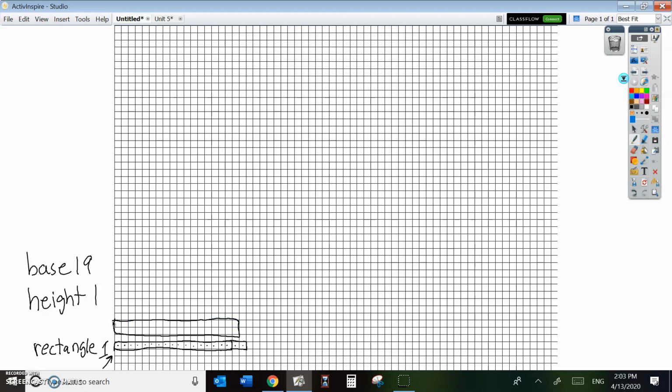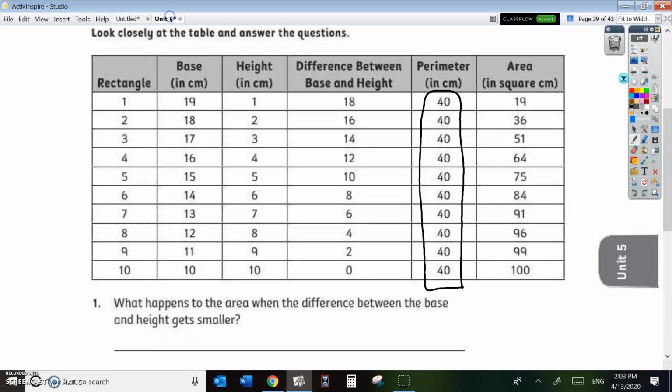It has the same perimeter as number 1, but it has more area. So if you look at the table right here, you can see that the area of rectangle 1 is small, and the area of rectangle 2 is larger.